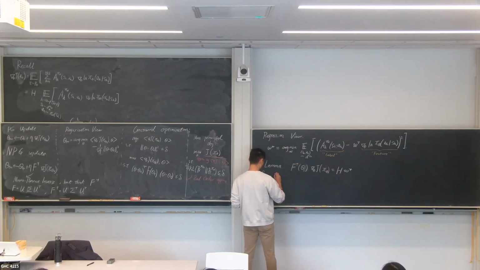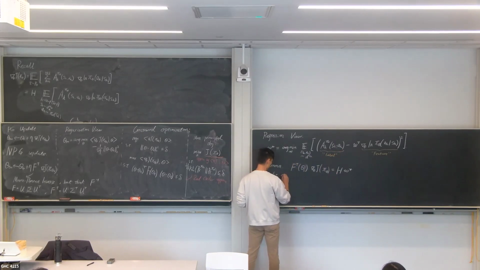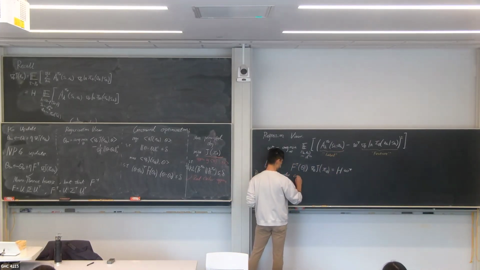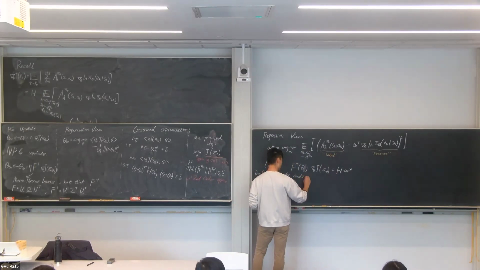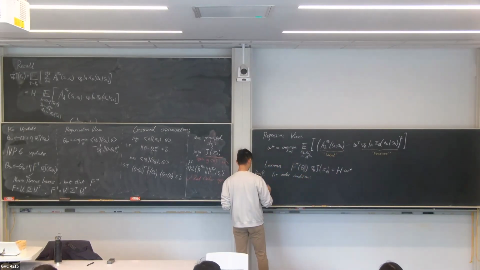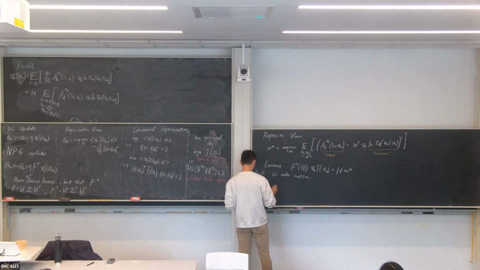So the first order condition gives you something like the expectation. So you take the derivative, so to speak, the gradient.